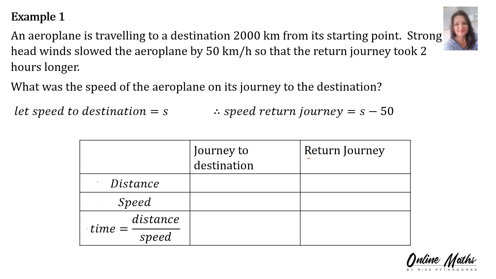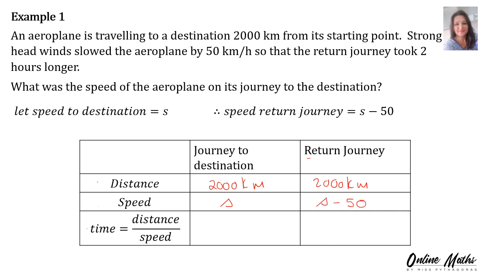Now we're going to fill in the values. So the distance for the trip was 2,000 kilometers. That stays the same for both. The speed to the destination is just s. And the return journey speed was given as s minus 50.